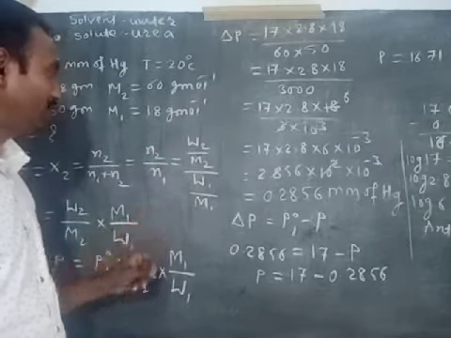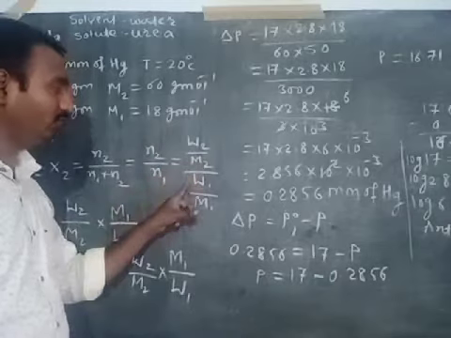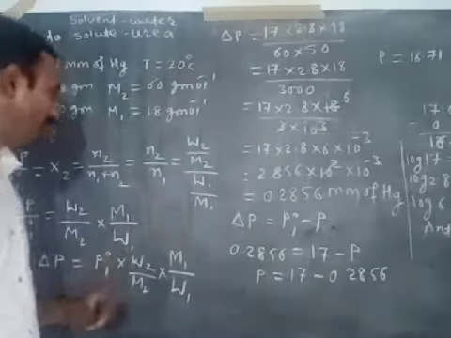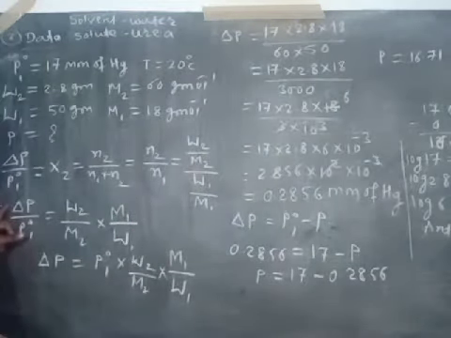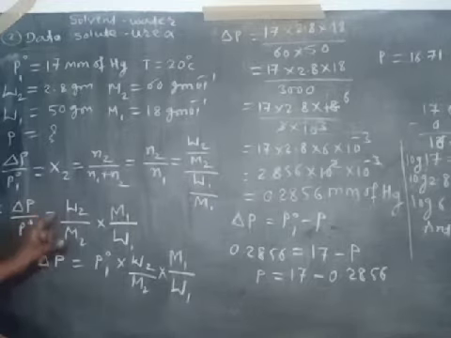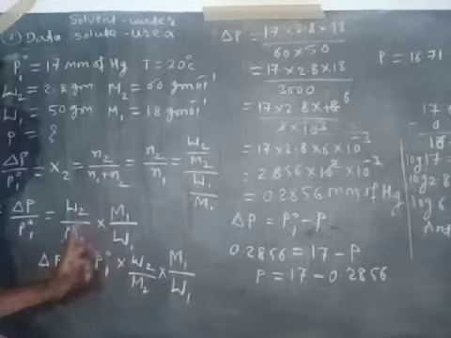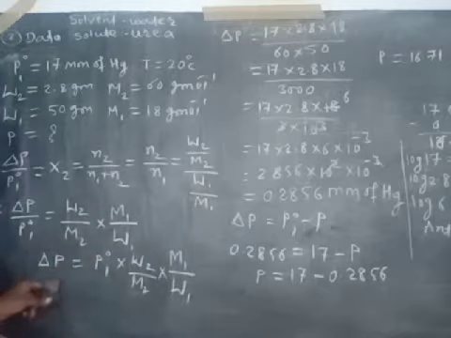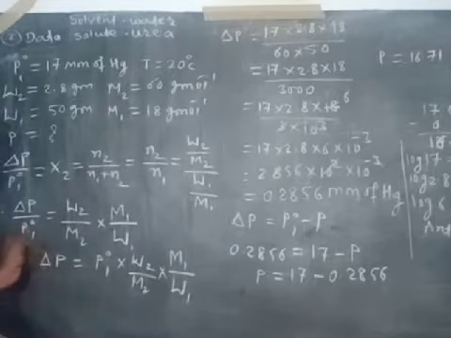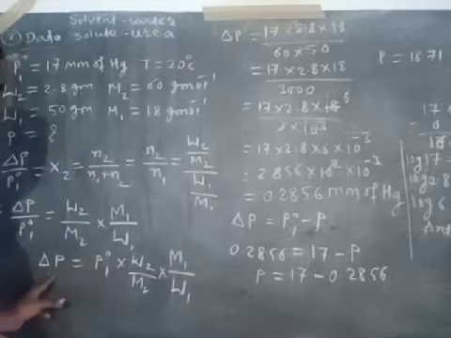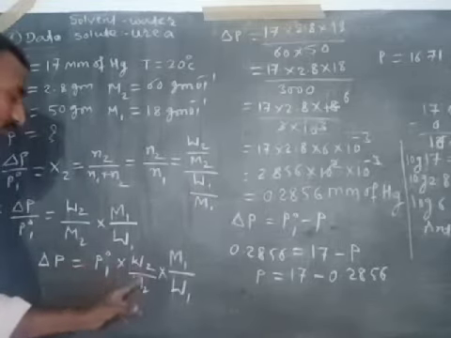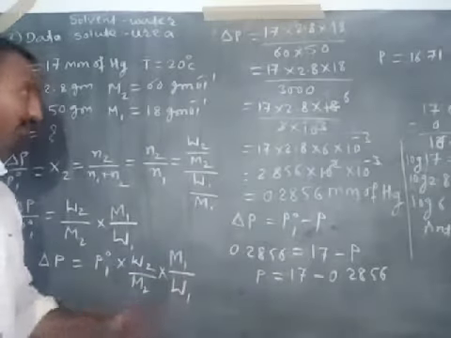That's why N2 is equal to W2 upon M2 and N1 is equal to W1 upon M1. So the formula becomes delta P upon P01 is equal to W2 upon M2 into M1 upon W1, and delta P is equal to P01 into W2 upon M2 into M1 upon W1.